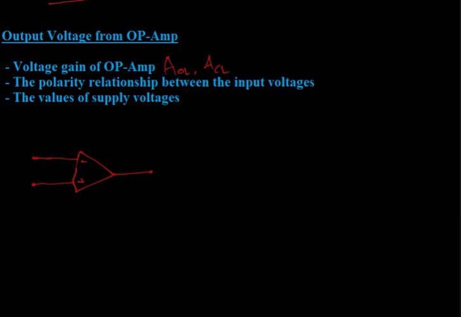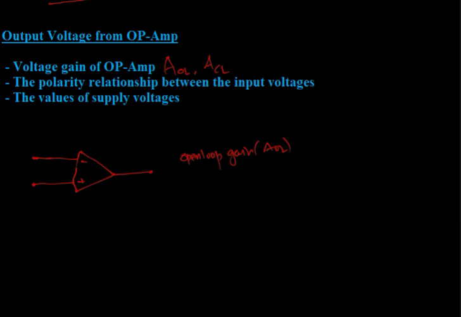Now the maximum possible gain from a given operational amplifier is called open loop gain. So open loop gain is the maximum possible gain from an operational amplifier, which is obtained when there is no feedback.